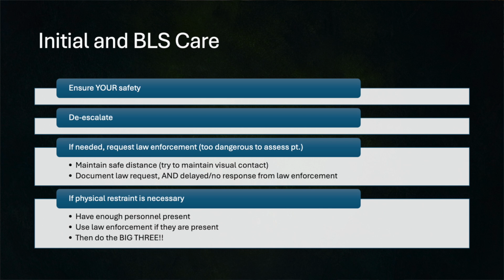We want you to document when law enforcement is requested, and also document if law enforcement is either delayed or doesn't show up. That provides some important statistics. We're not building a case to take on our law enforcement colleagues, but it tells a story about when we needed law enforcement and when we don't, and it helps us in the end.